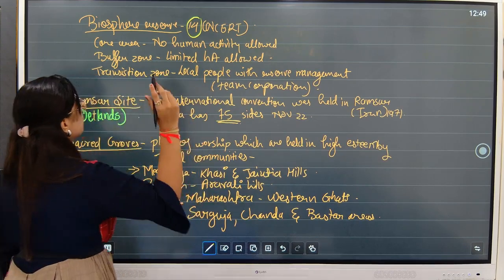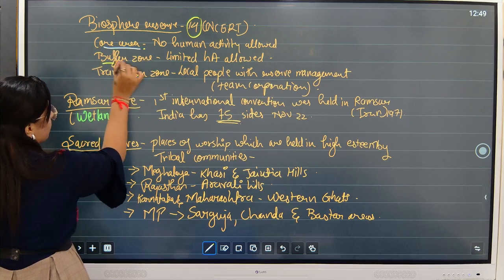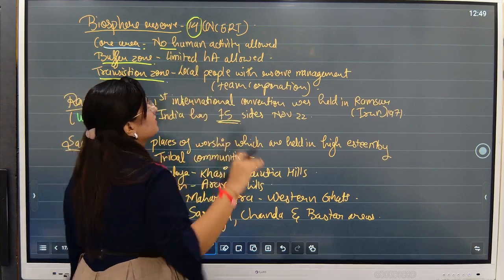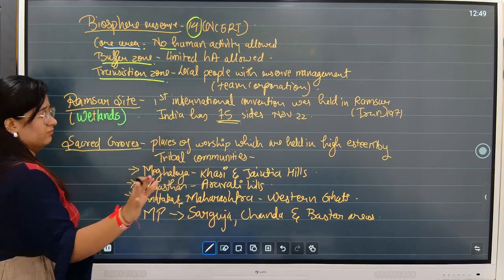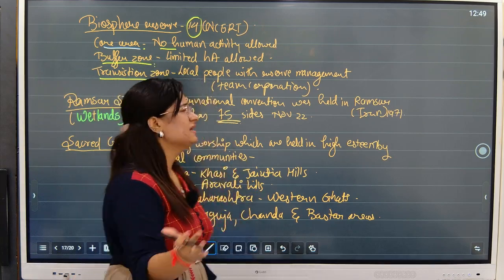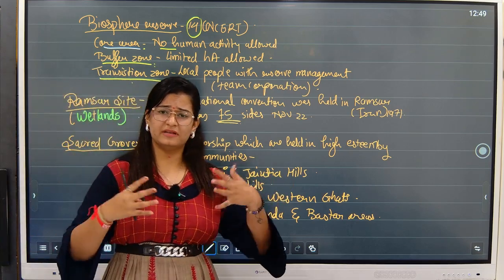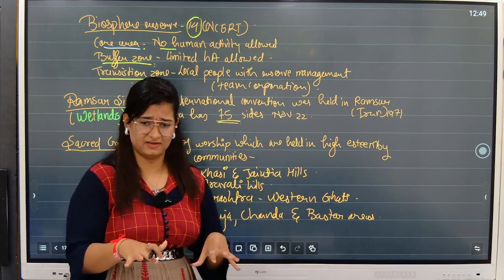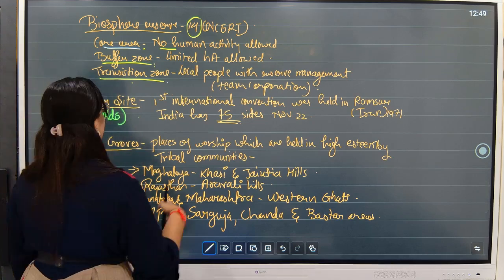The zones are divided into core zone, buffer zone, and transition zone. The core zone is where no human activity is allowed; you can't go inside at all. In buffer zones, a little human activity is allowed. In the transition zone, there is a joint association of local people and the government authorities who take care of that area. They work in team cooperation.